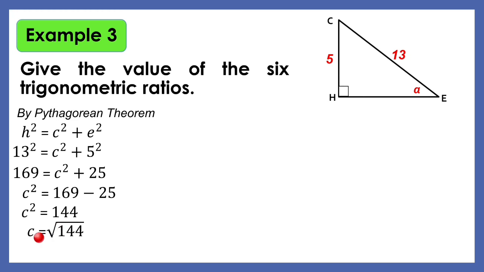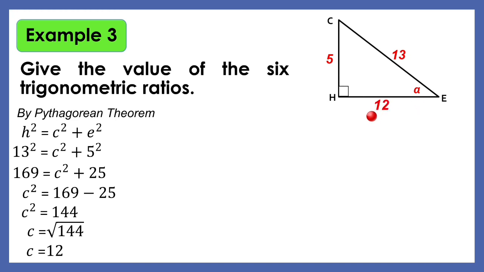We have c equals square root of 144. So, natanggal na yung ating square root at saka yung square. Ang naiwan na lang is c. Ang square root ng 144 is 12. So, c equals 12. Therefore, ang measure ng isang leg is 12.